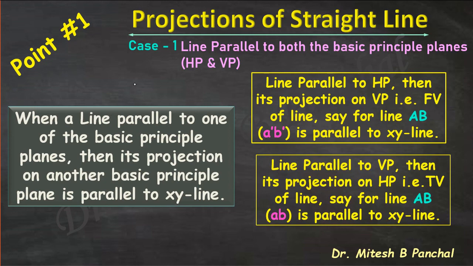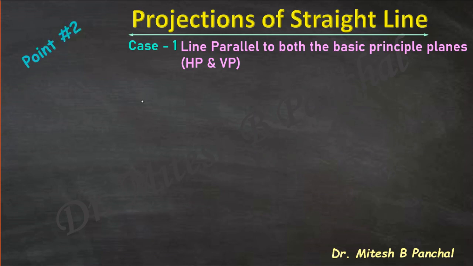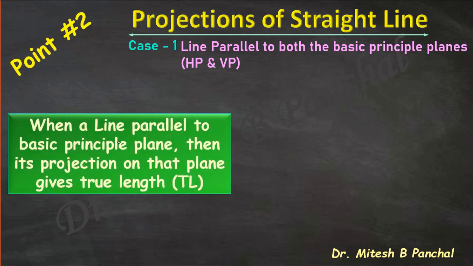And the second important point which we derived from this case one, point number two, is: when a line is parallel to a basic principal plane, then its projection on that plane, suppose the line is parallel to HP, then its projection on HP, the top view, will give you true length.